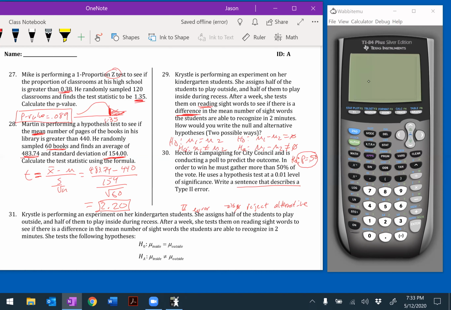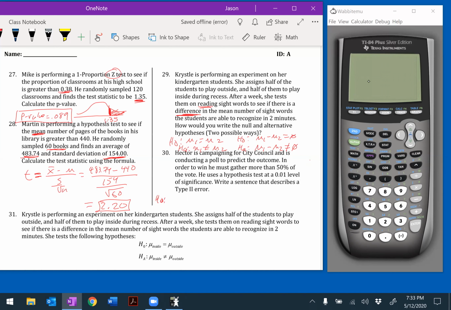Okay, so let me erase this. Write a sentence. So we're going to falsely accept that he gets 50%. What is the alternative going to be? What's H0? What's HA?